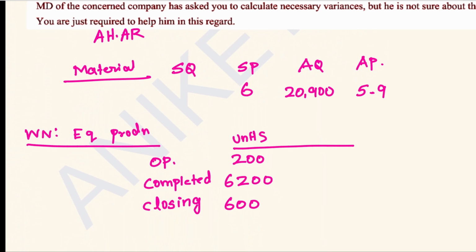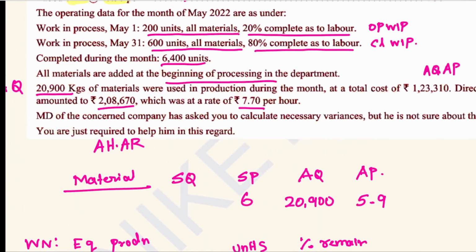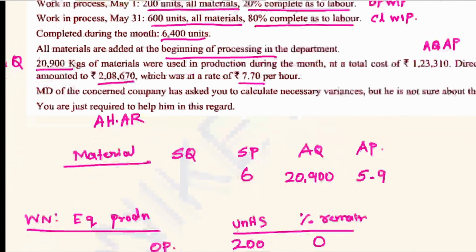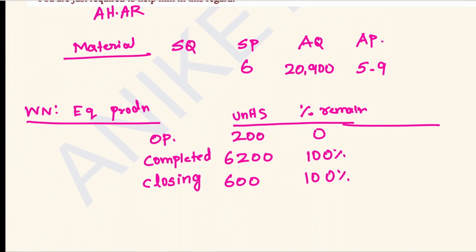But here, since this is already 100% completed, percentage remaining is 0. So 0 was completed in this processing period. 6200, 100%, 600, 100%. Closing WIP all material, that means 100%. So equivalent units 0, 6200, 600, 6800 units.